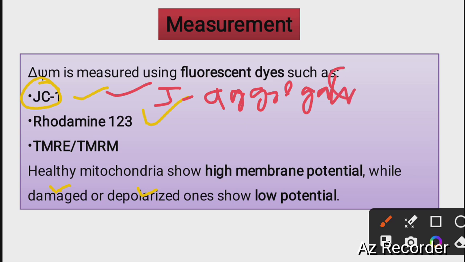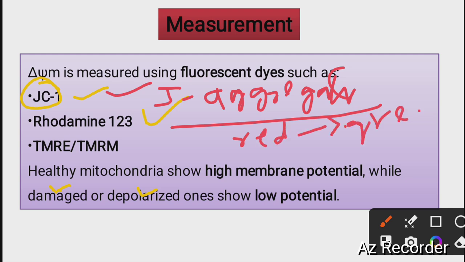When the membrane potential decreases, JC-1 remains in its green fluorescent monomer form. How do we measure this? The red to green fluorescence ratio is used as an indicator of mitochondrial health. So if we observe the color red to green, that indicates the mitochondrial health.